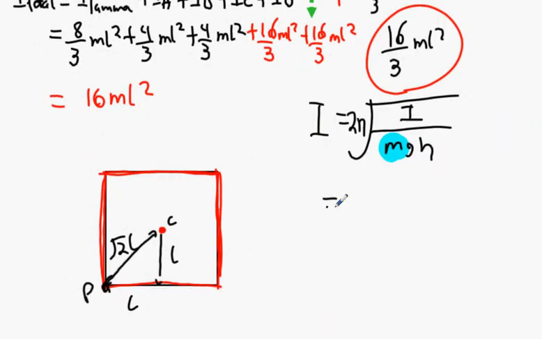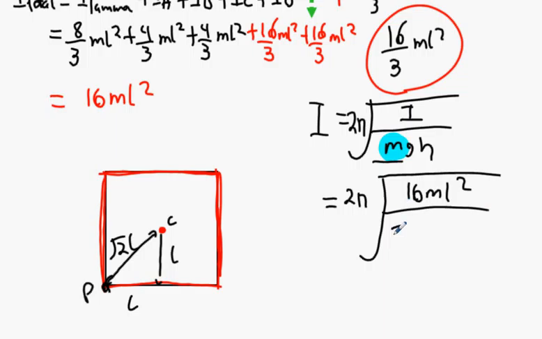So 2 pi, what's I this time again? 16 ml squared. That's 5m, not m. That's a g. And my h value is root 2 L. M, L, L. I think it's going to be 16 over... Oh yeah, see the 16 and the root 2?